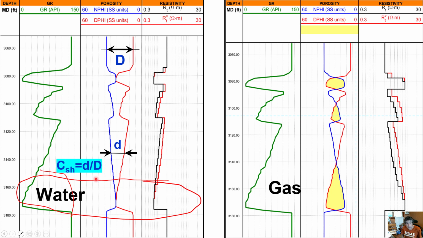But I have to remind you that this procedure only works when all the shale-laminated sandstones in question are saturated with water. It doesn't work if they were saturated with hydrocarbon.